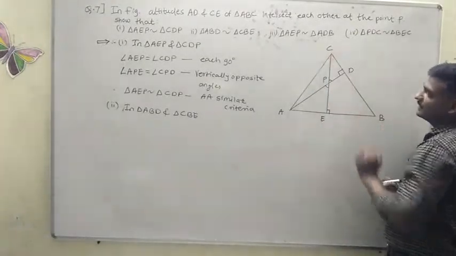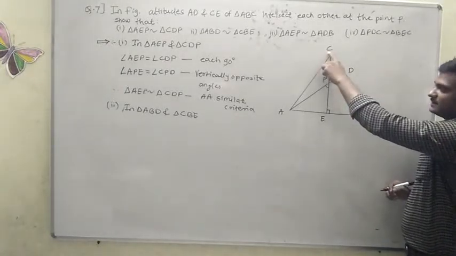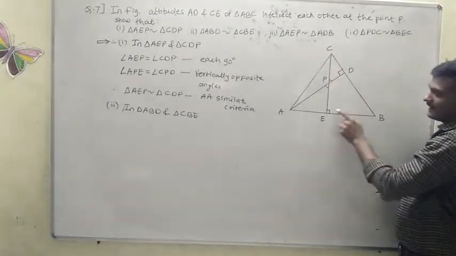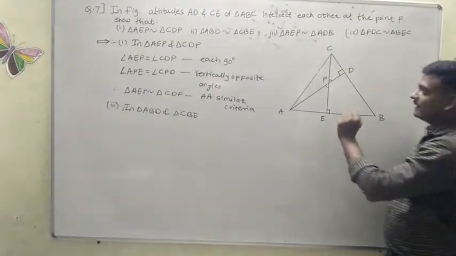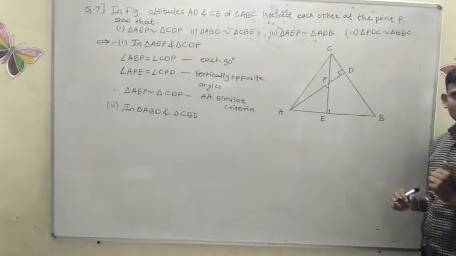In these two triangles, two angles are 90 degrees. One angle is angle CEB, angle E is 90 degrees here, and another angle, angle ADB, is also 90 degrees.